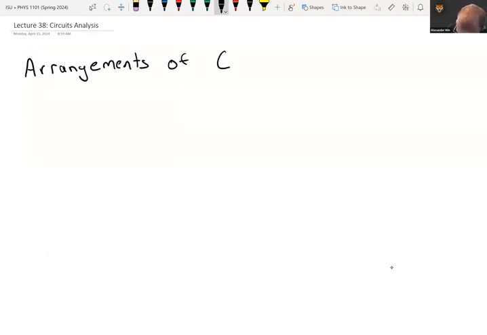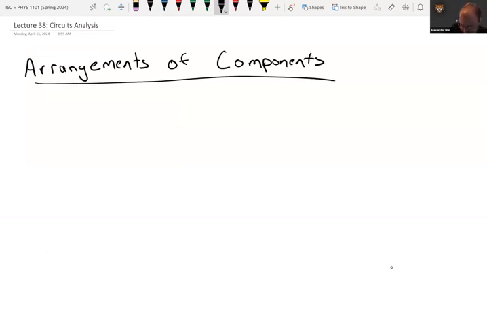Now, the two main terms that you will need to be able to identify are series and parallel. Now, I want to give you a quick definition of what this means. And in order to do this, I'm going to have to define another term.